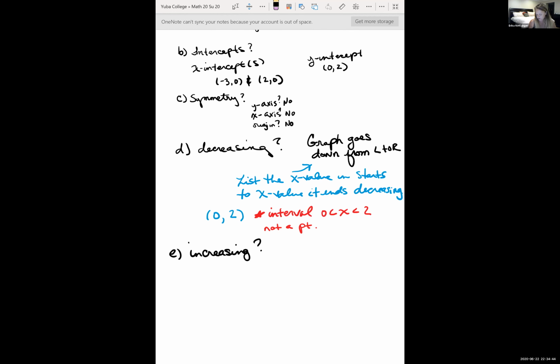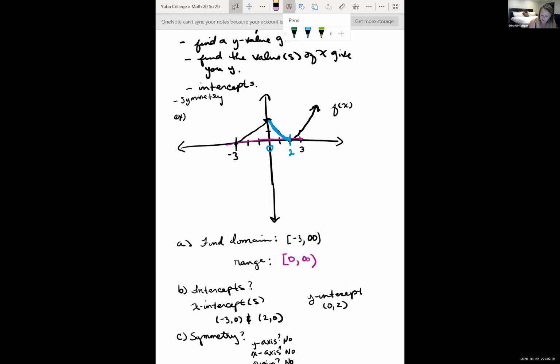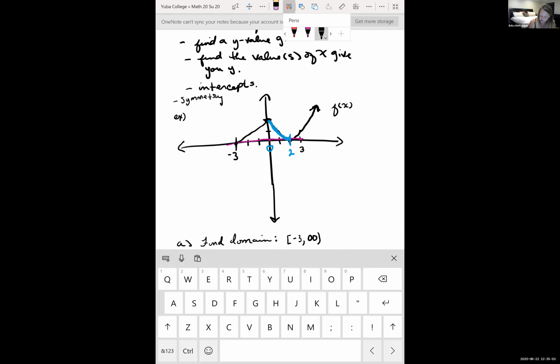So where the graph goes up from left to right. So we go back over here and we're starting to go up. Well, at the x value we start at, we're starting to go up.